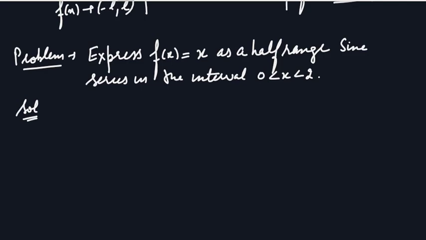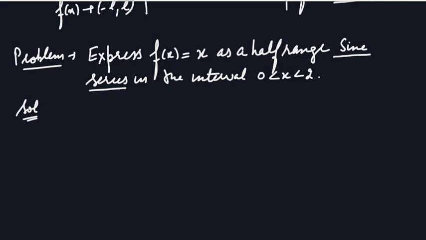Now see, when it is mentioned that f of x needs to be extended as a half range sine series, it means our extension is in such a way that the function is becoming symmetrical about the origin. That is, our function is an odd function.